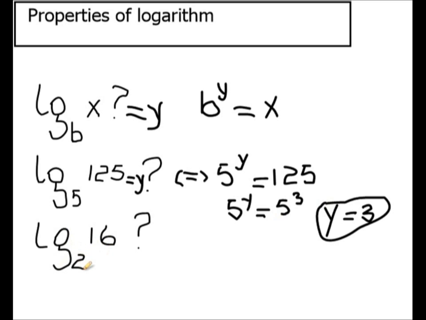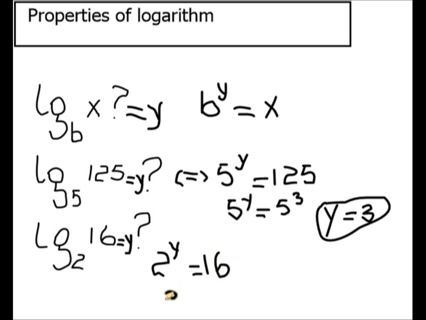Log base 2: I'm trying to compute log of 16 with base 2. The result, y, is unknown. So I say 2 to the power of y equals 16.